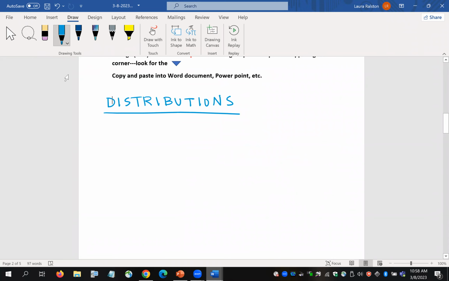We can get very fancy dancy with the names. We're going to keep it as simple as we can and talk about the three broad categories. The first one is called skewed to the left.